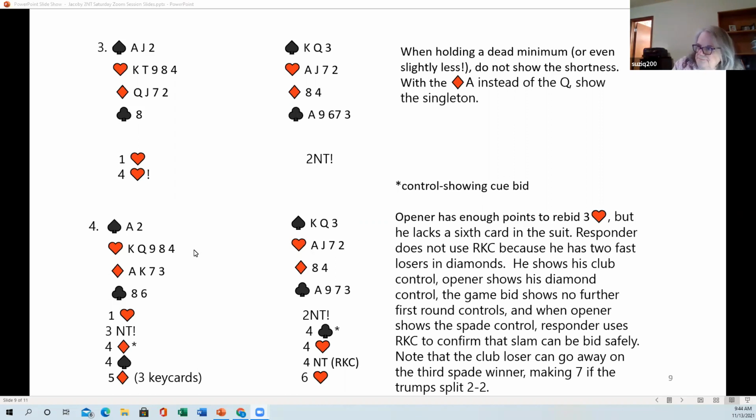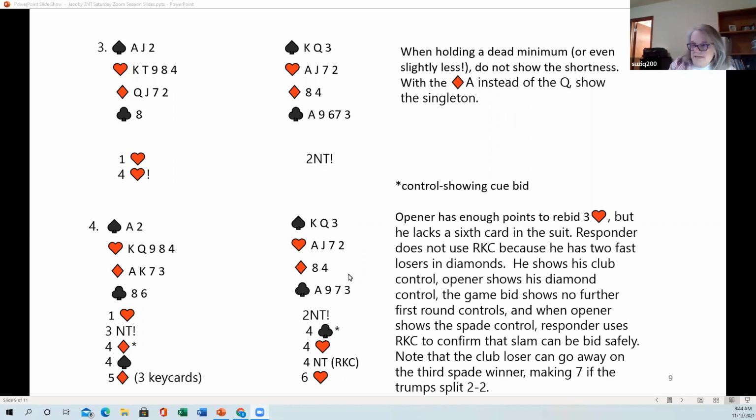here's another example. 1 heart, 2 no trump. This is a hand that rebids 3 no trump. Square shape, no second 5 card suit, no shortness. And more importantly, no 6th heart. So, responder has 2 fast losers in diamonds, and we know about the 2 fast losers. 2 times when we don't use any form of Blackwood: when we have a void, or when we have a worthless doubleton or tripleton in a suit, or 2 fast losers in a suit.